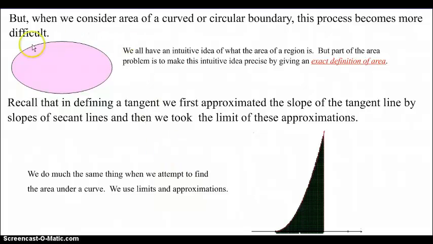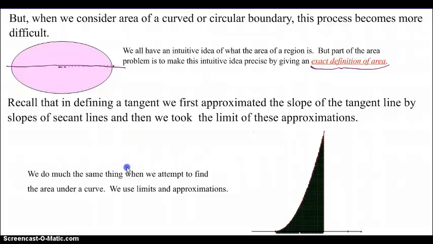When we were to find areas of some sort of geometric figure that we did not have a formula for, things got a little more complicated. So let's talk about the exact definition of area. Because we could have, if this is the center, we might find this distance, or we might find half of the area and get twice that.